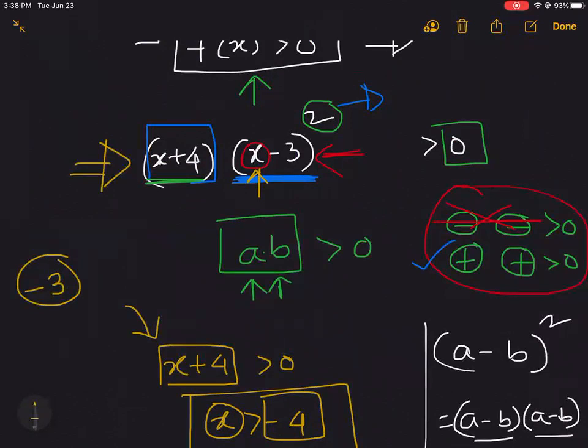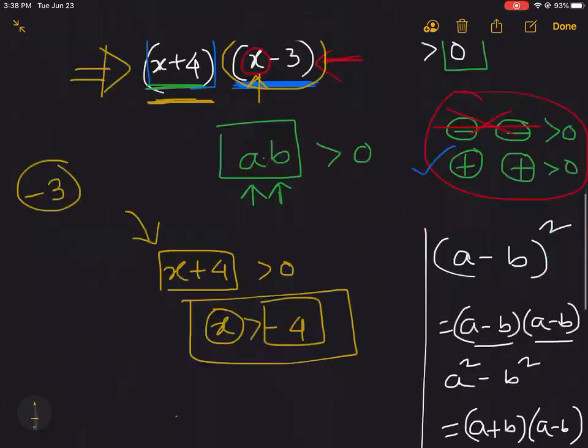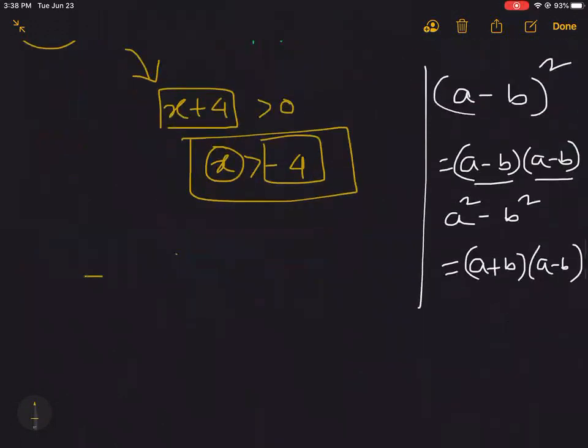So x can't be 3. This guy will be non-zero for anything other than 3. It will be positive for any value other than 3. This guy will be positive for any value more than negative 4. So that means we can have a value of x more than negative 4, but we need to stop at 3. We can't really take 3 because in that case our product will be 0, which we don't want.